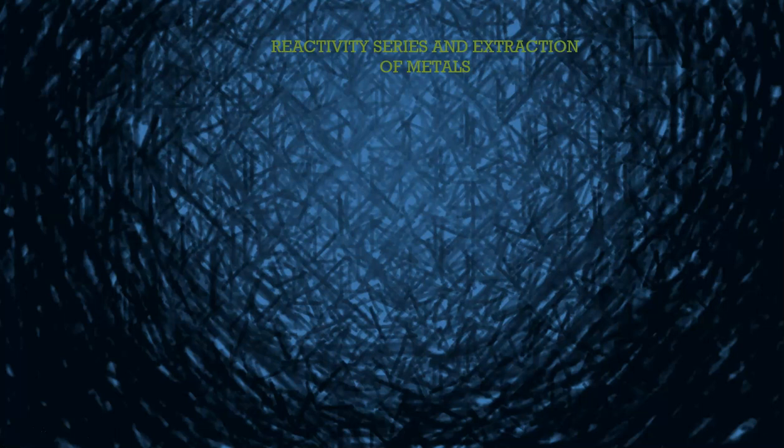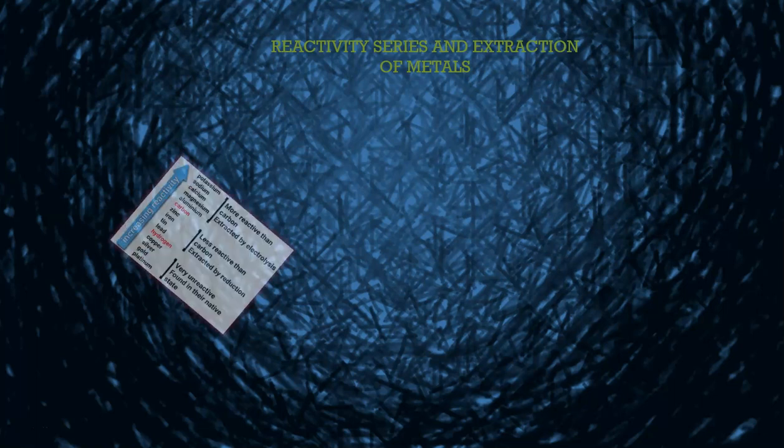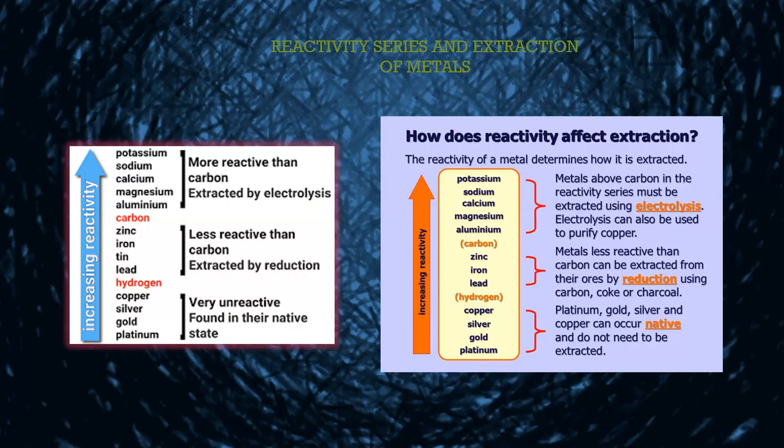Let's start with another topic, that is reactivity series and extraction of metals. It is very important to note that in the reactivity series we have to go through this chart. In the chart you can see all the alkali metals, present at the extreme left of the periodic table, at the top above carbon.